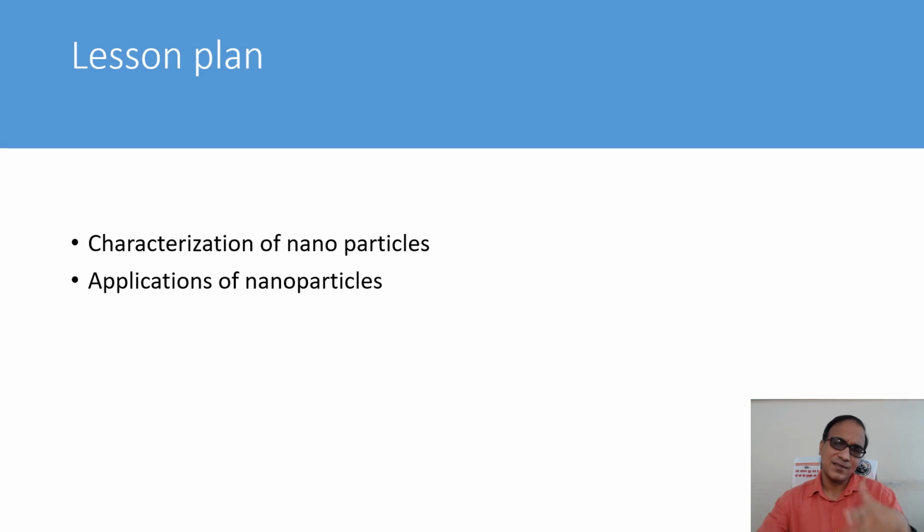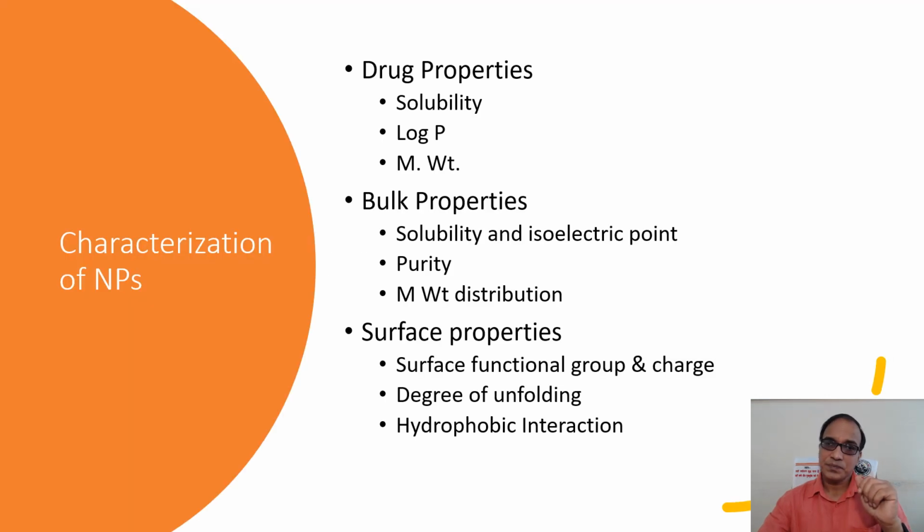Now let us discuss formally this aspect of characterization. Coming directly to the point: if we have developed nanoparticles, we need to characterize them. Any dosage form, any delivery system needs characterization. Now, on which properties, on which basis can we characterize the nanoparticles?